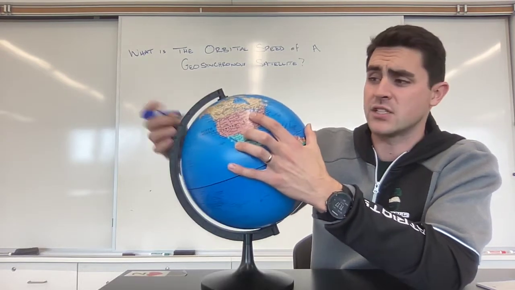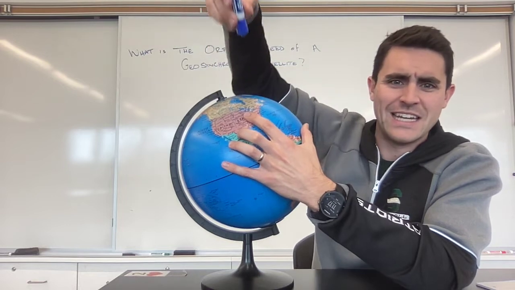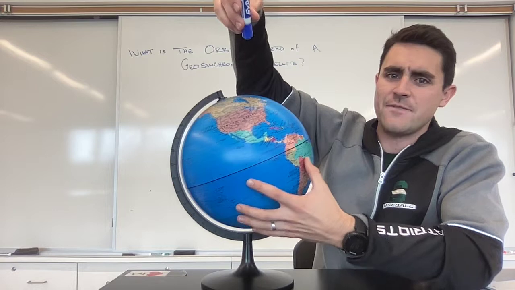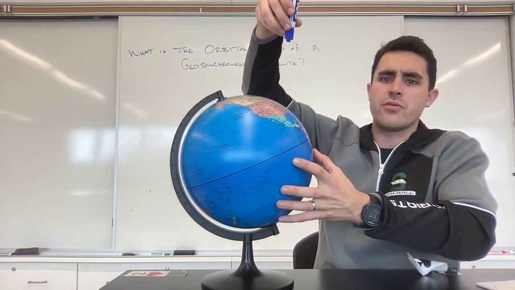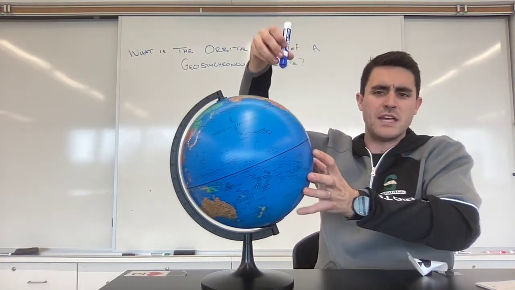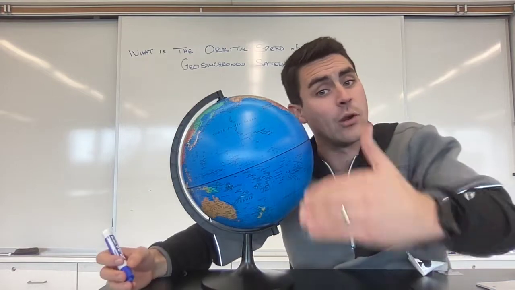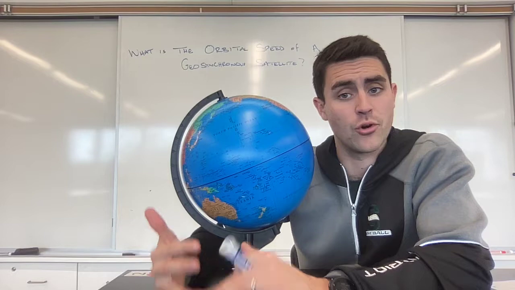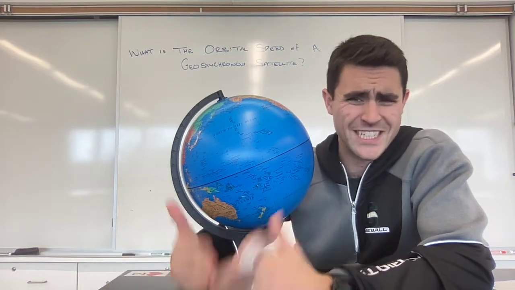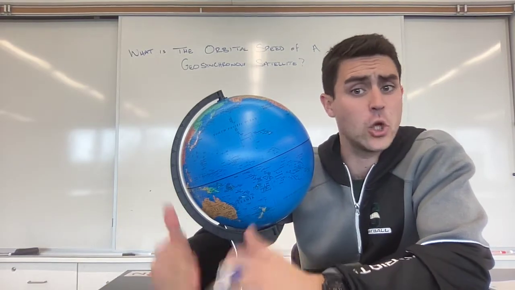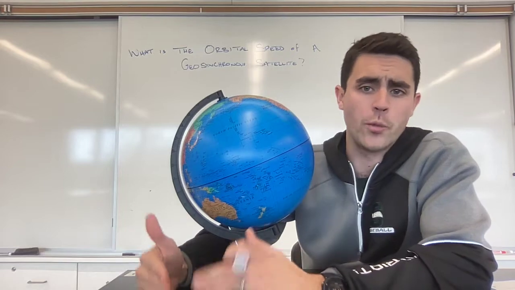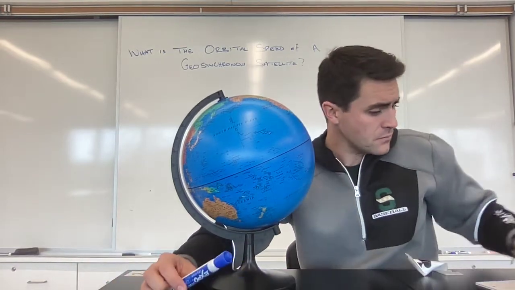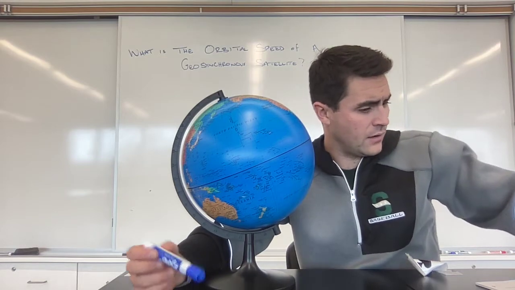So essentially what we're saying is, where does a satellite need to be, and what is the speed of it if it's going to move with the Earth? So its speed is going to make it such that it rotates around the Earth with the same speed that the Earth moves. Geosynchronous. It's going to stay in the same geographic location and make its orbital path in the same time.